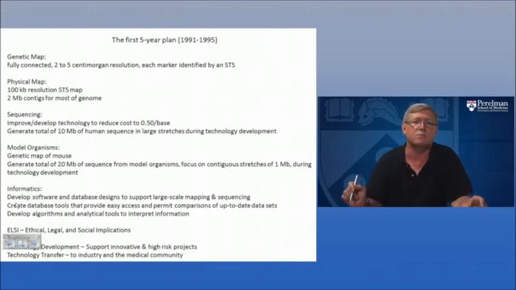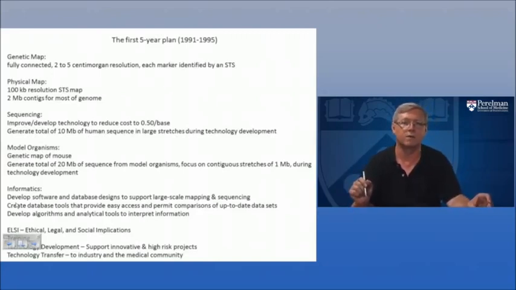An important aspect of the Human Genome Project, which was actually fairly unique, is that it was recognized early on that this kind of information was going to be really important and different in key aspects.